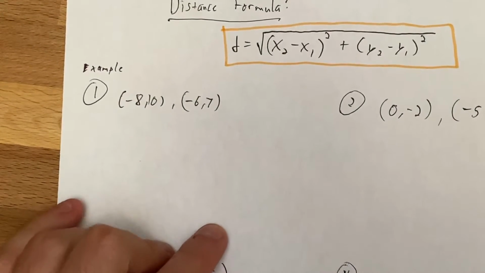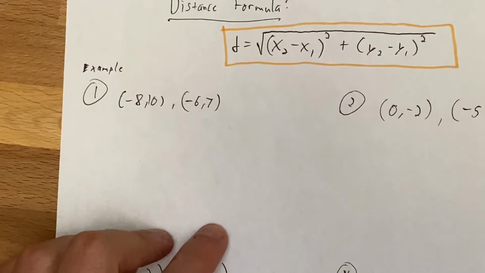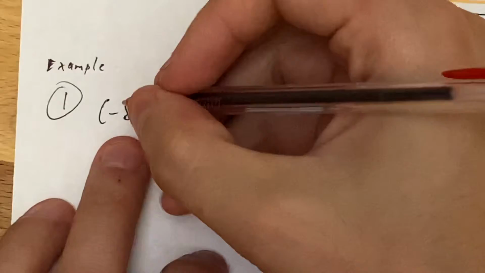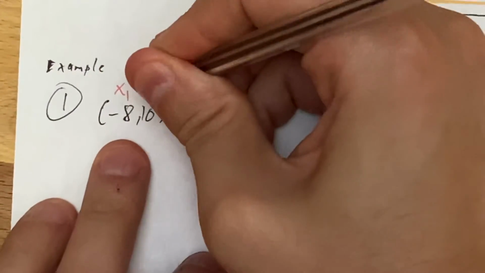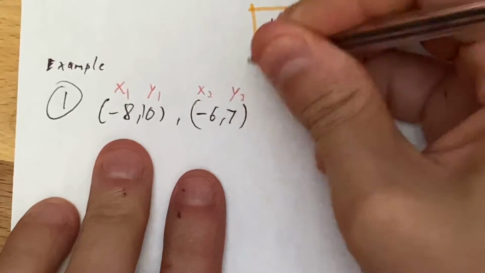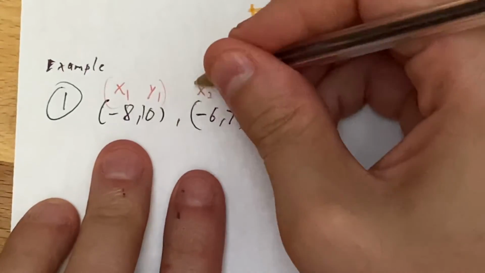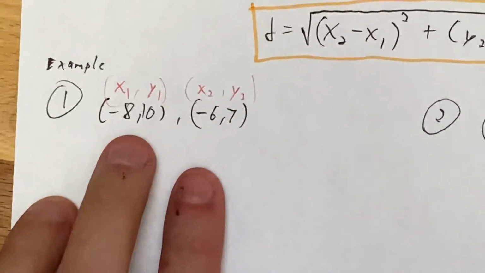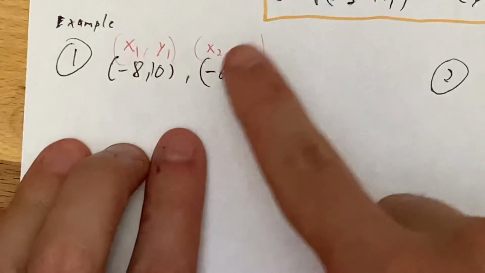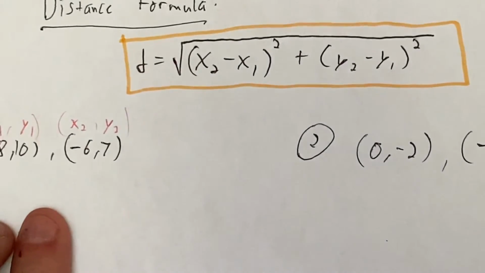First of all, I like to show my work at least the first few couple of times, in which case I'm going to go ahead and label these x1, y1, and x2, y2. Because it's the first ordered pair and the second ordered pair. From there, we are going to be using the distance formula up there.